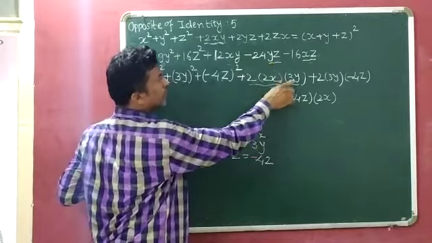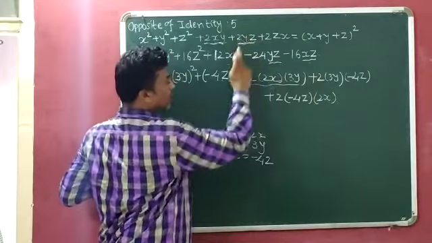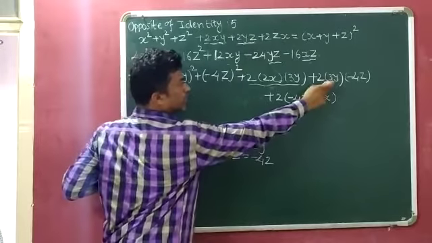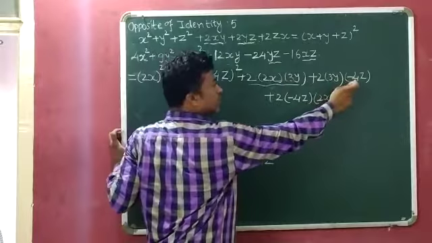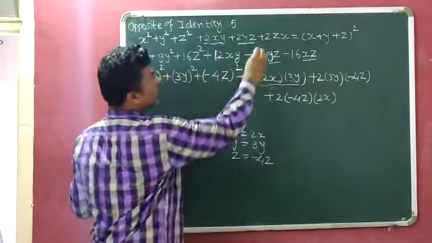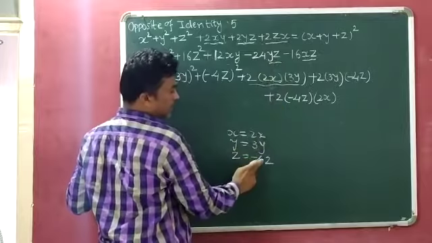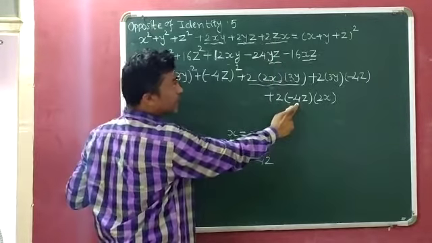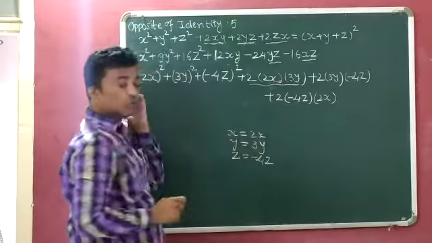So we written here 3y. Now we can write 2yz. So this 2y is equal to what? 3y. So 3y and z is equal to what? Minus 4z. So we can write minus 4z. Next is what? 2zx. So this 2z, z is equal to minus 4z. So minus 4z x is equal to what? 2x. So we write 2x.